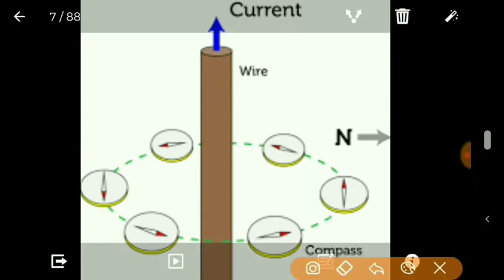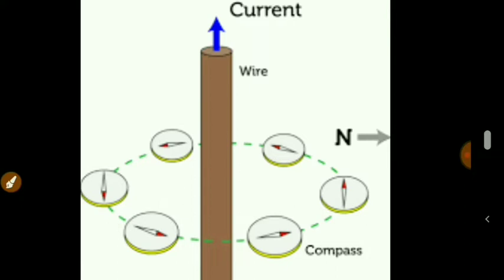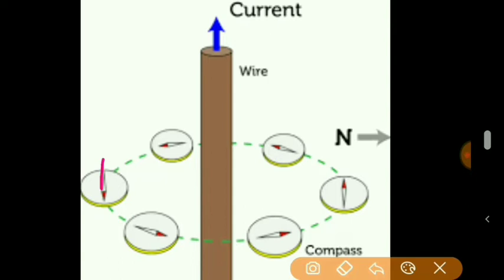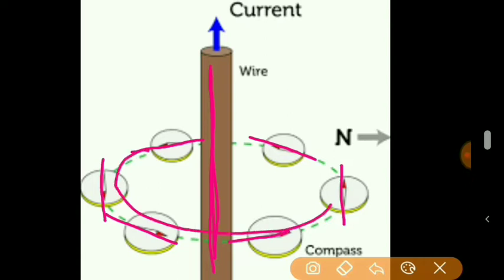Here you can see the different positions of the magnetic compass, but for each and every position you can see that the needle always remains tangent to the curved path, and that shows that when there is a current in a straight wire, it produces a magnetic field in the shape of a circle. That is, the magnetic field is circular around the wire.